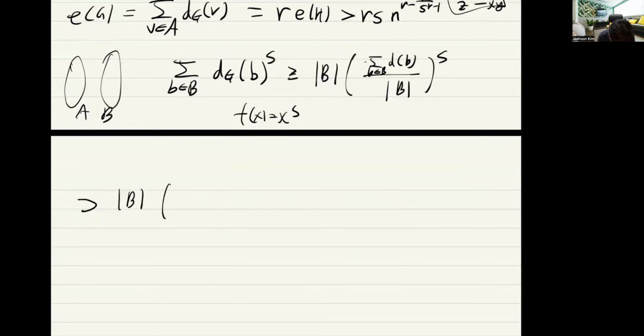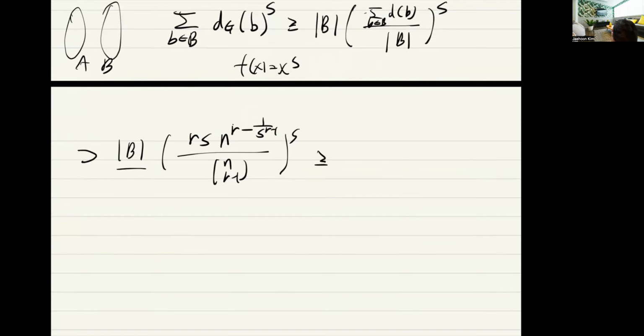So that's bigger than R S n to the R minus 1 over S to the R minus 1, divided by n to the R minus 1 F. This is n to the R, and you do the calculation, then you can see that this is 2 times S times n to the R minus 1 plus S minus 1 over S to the R minus 2. You can verify this.